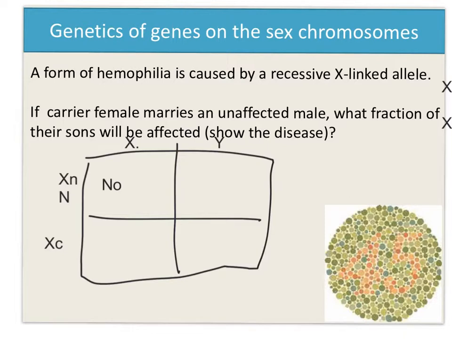Okay, so we'll have an X normal female, well, carrier female. Below that, we have an X with the carrier, so we'll have a carrier female here. So this is a normal female up on top, carrier female on the bottom. And then as far as the Y, of course, we'll have a normal male up on top.